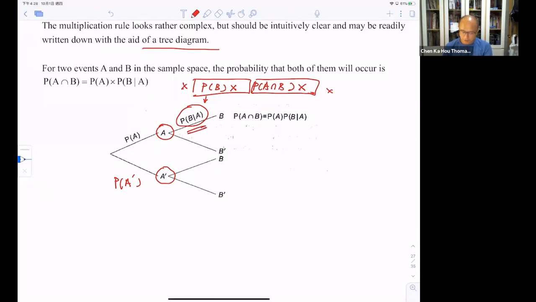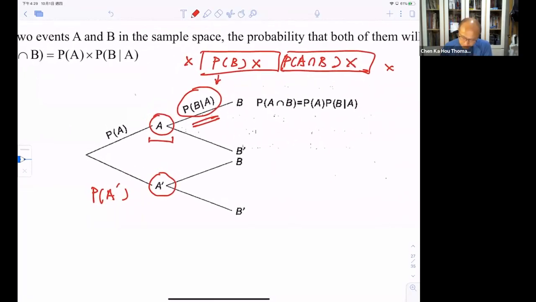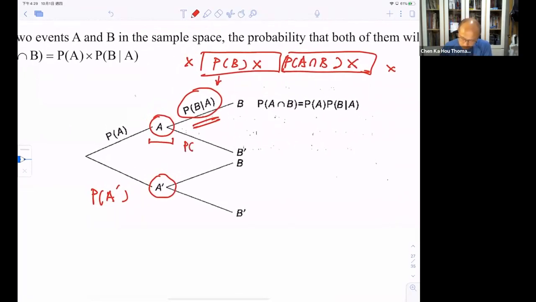P(B given A). First, this is a given condition. Similarly, this one is P(B given not A).